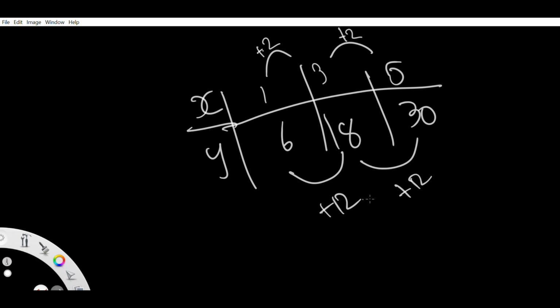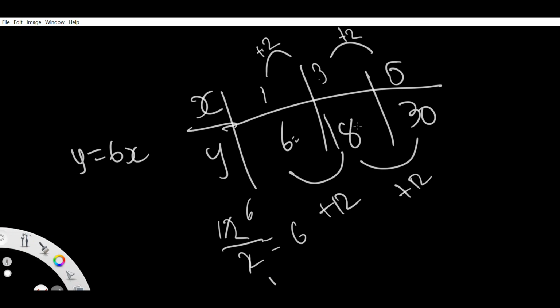So to find the slope, we will do change in y over change in x, which here is 12 over 2. And we could simplify that to 6 over 1. And the slope is 6. And we would write it y is equal to 6 into x. Since if you do 1 into 6, you get 6. 3 into 6, you get 18.